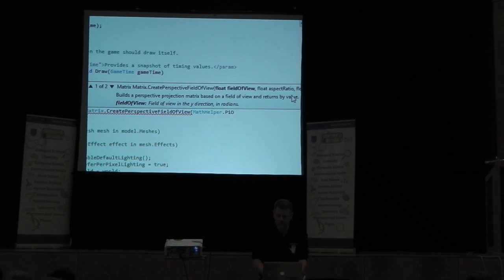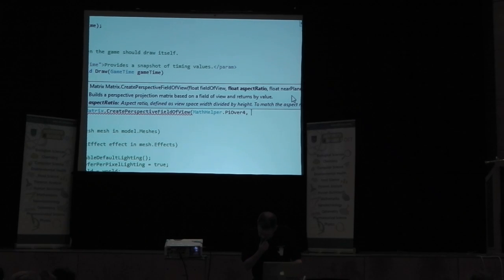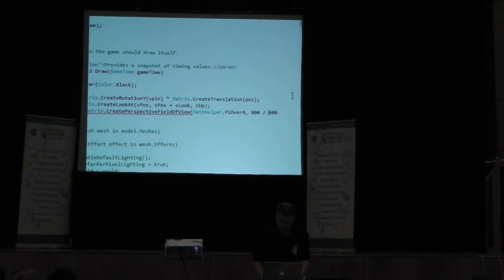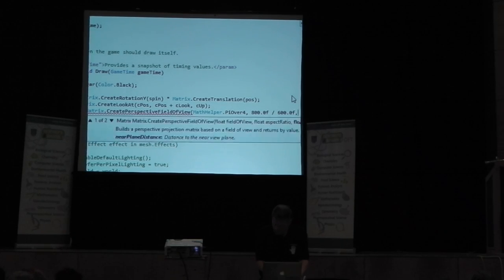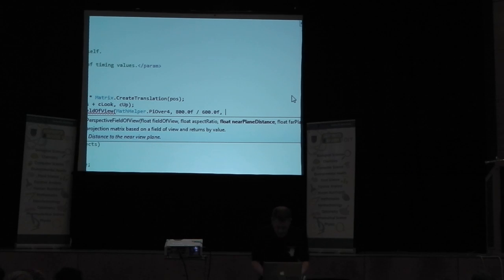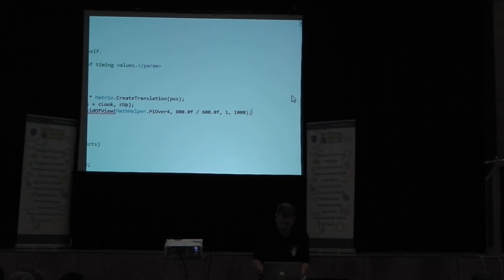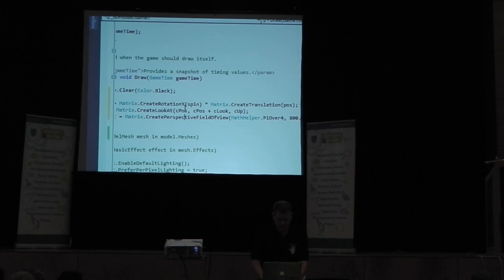What's pi over 4? What's that in degrees? Do you know about degrees and radians? No problem. Basically that's 45 degrees. Then you specify the aspect ratio of the screen, and the third parameter, what are called the near and the far clip planes.